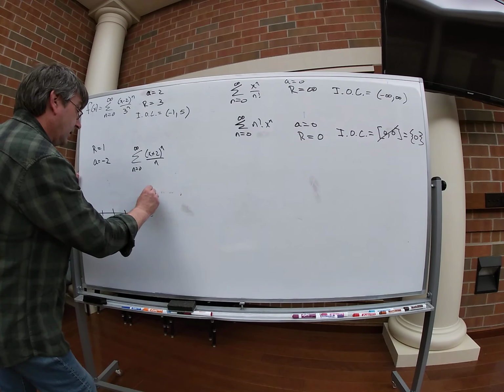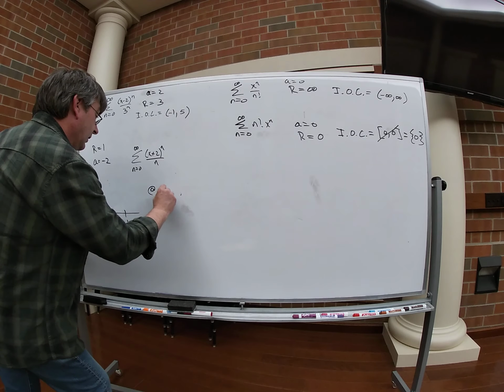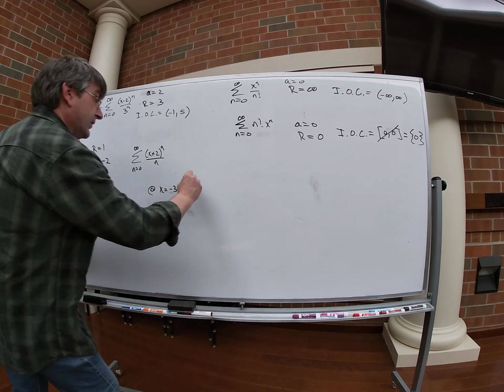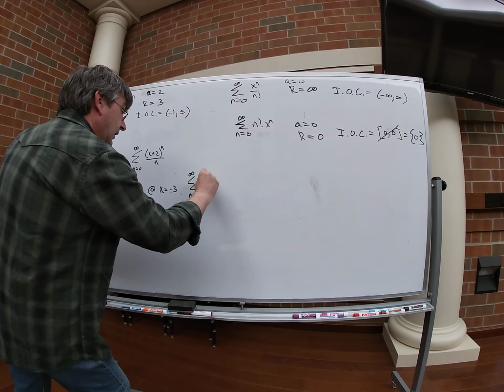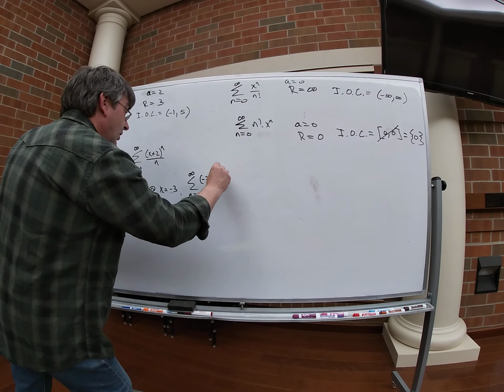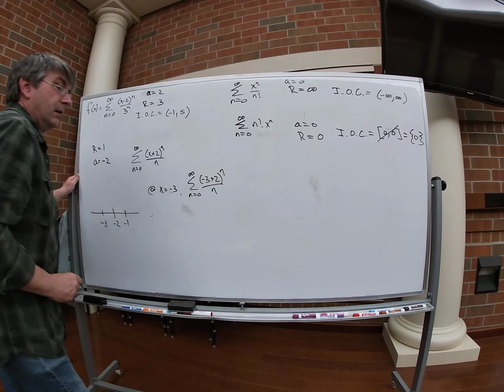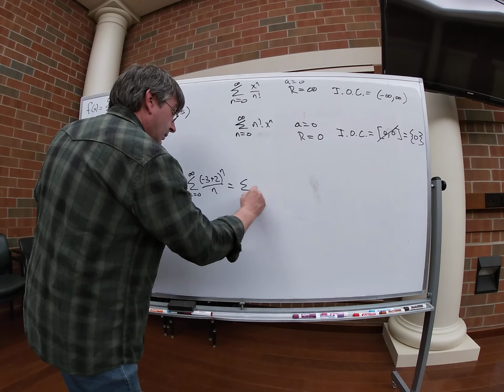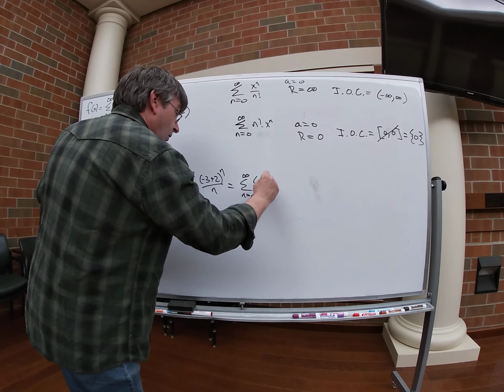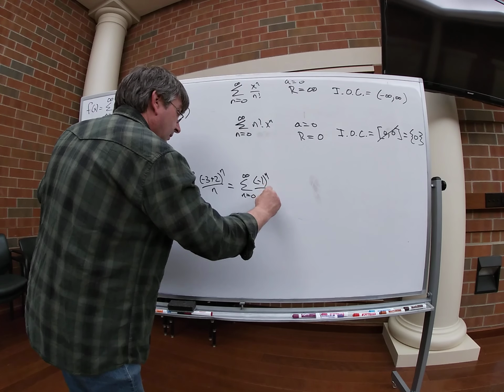Let's check at x equal -3. We have the sum n equals 0 to infinity, (-3 plus 2) to the n over n. But -3 plus 2 is -1. So that's (-1) to the n over n.